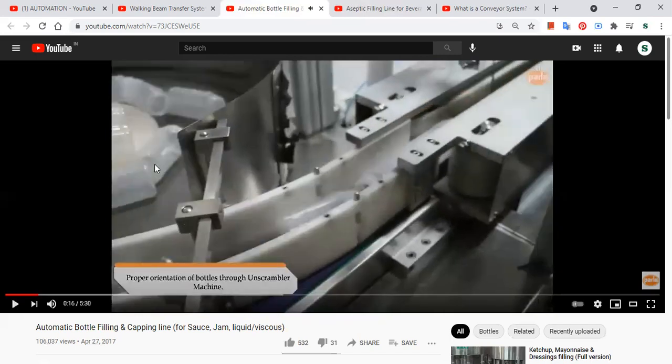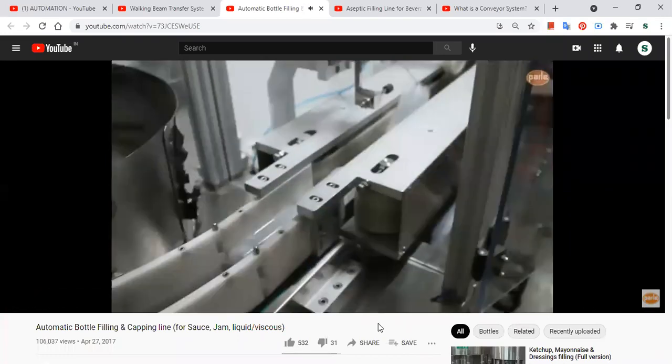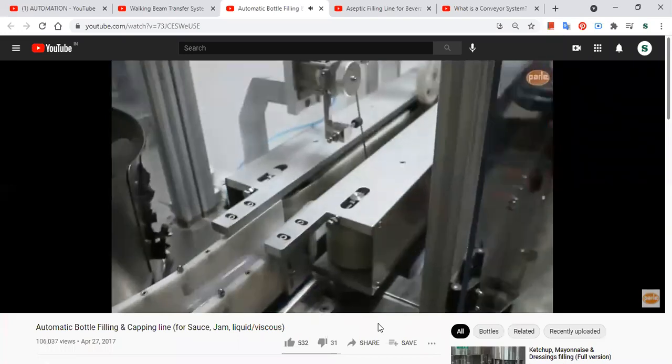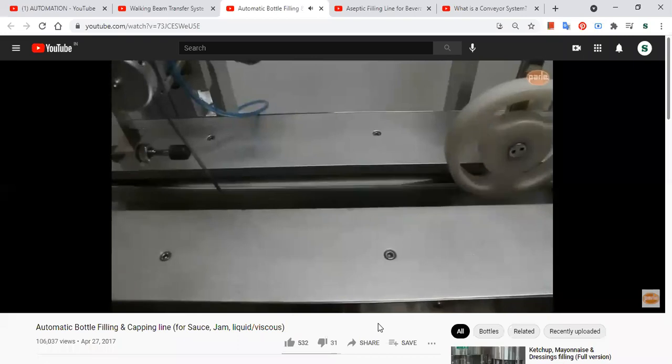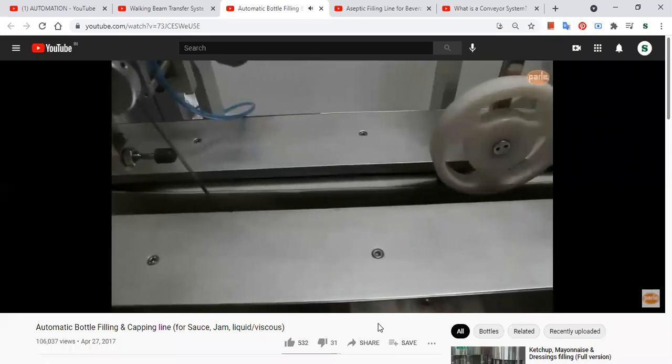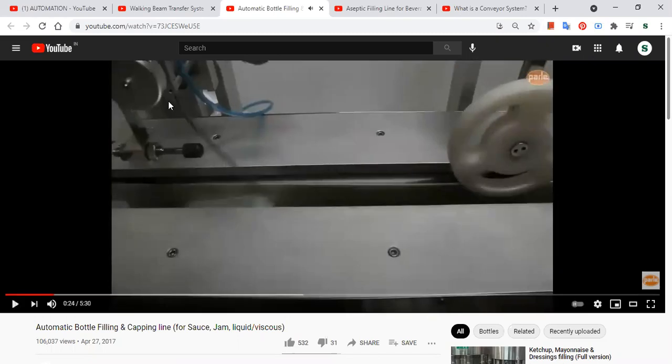You see, they are now being oriented. That's the first step: proper orientation of bottles through the unscrambler machine. You see what is happening with that rod you're seeing.